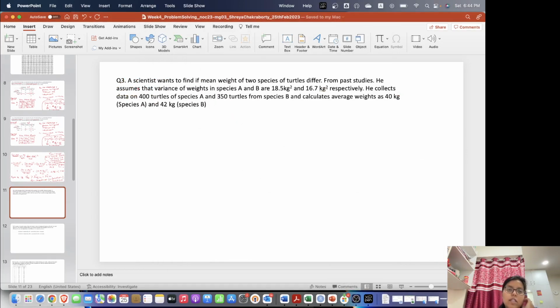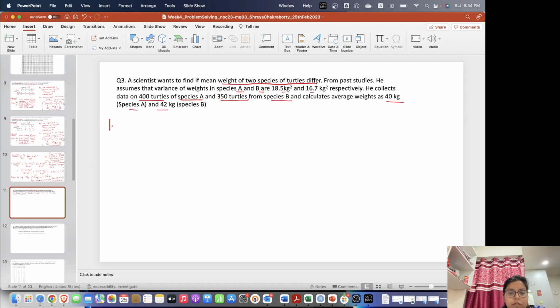So question 3 says a scientist wants to find if the mean weight of two species of turtles differ. From past studies, he assumes that variances of weights in species A and B are such and such, collects data on 400 turtles of species A and 350 turtles of species B, and calculates their average weights.